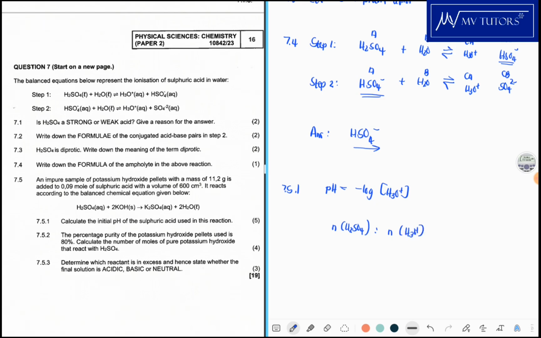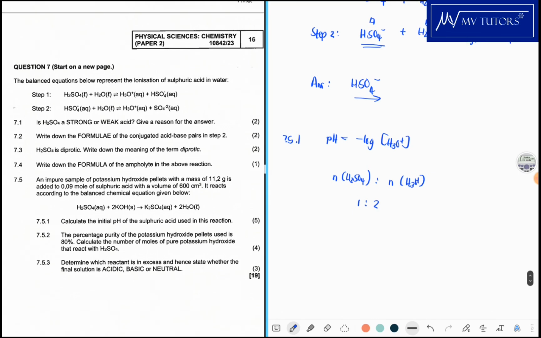Because sulfuric acid is diprotic, you'll have a ratio of 1:2. So we can get the concentration of sulfuric acid, because that will relate to the concentration of hydronium. Concentration is equal to number of moles over volume.